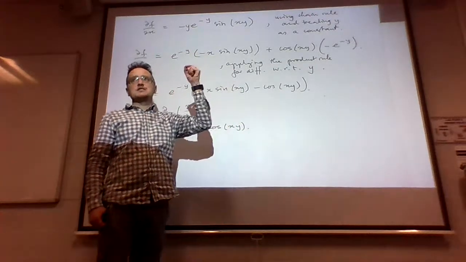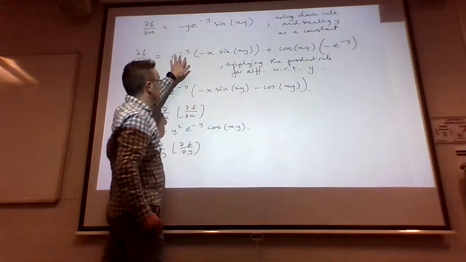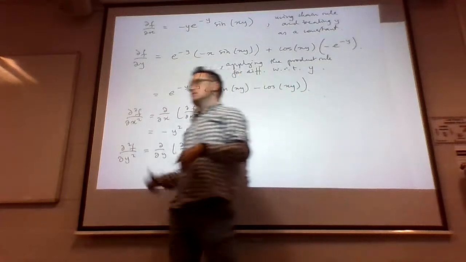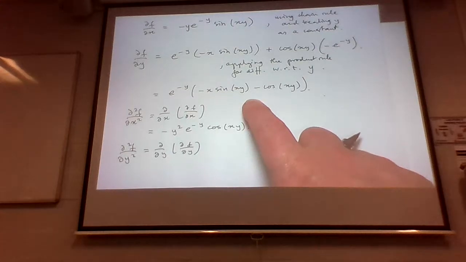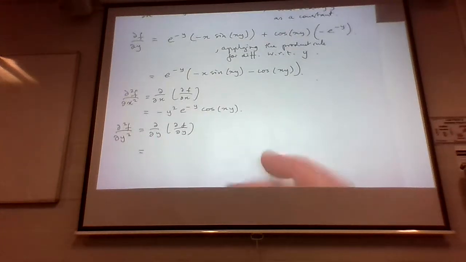So just one application of the product rule, so to speak. Whereas if you left it like this, you'd have to do 2, you'd have to apply the product rule to this product and then to this product. So factorizing it is a very useful step there. It shortens the amount of work you have to do.